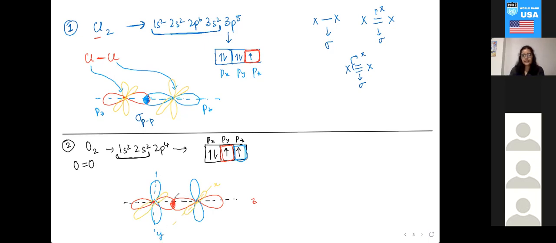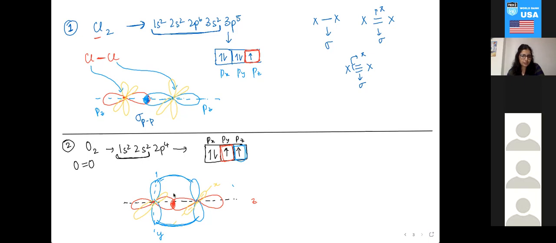So the pz orbitals, the red colored ones, you see that they're all along the axis, so that's a sigma overlap. The second bond, py, maybe there are unpaired electrons, right? So the py orbitals are going to undergo a pi overlap, up and down like this. So in oxygen you have 2 kinds of bonds.